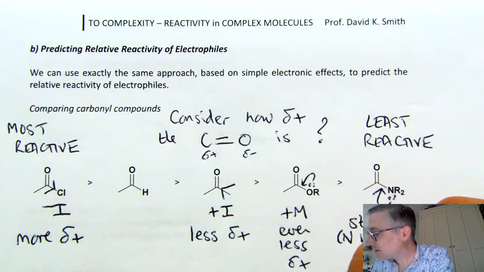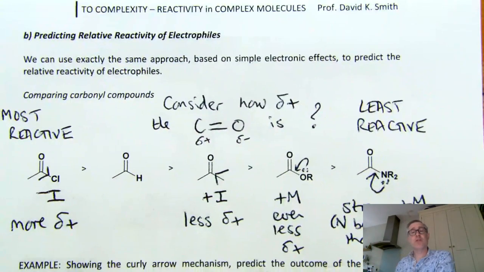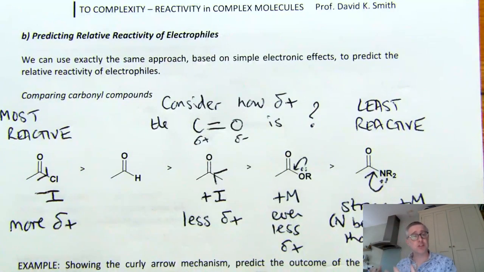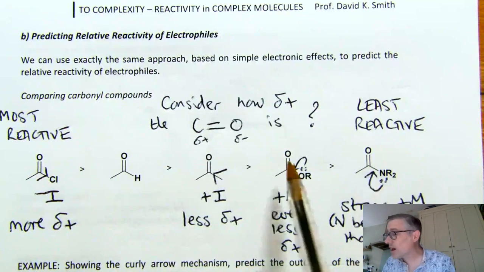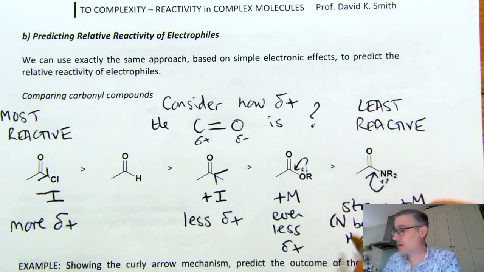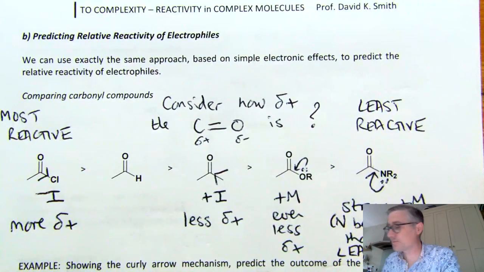N is a better donor than oxygen. Remember we said that when we're thinking about nucleophiles, the nitrogen is less electronegative, it wants to give away its electrons more, so this mesomeric effect, this resonance form, is stronger than this resonance form. The oxygen still more holds on to its electrons than the nitrogen does. And so this one over here is the least delta plus.